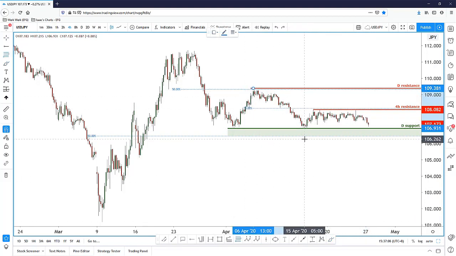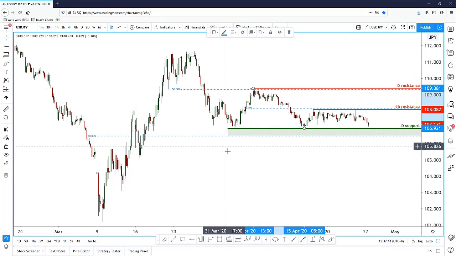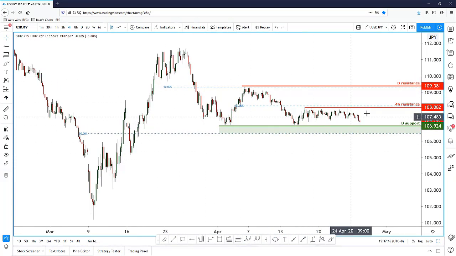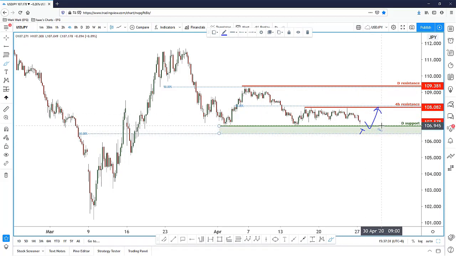So we take from the top to the bottom and we see a 50% retracement level, right? Again, this 50% seems to be very key on the dollar yen. Now, what this then means is that price could easily come down into this zone and then make a push up to the 4-hour resistance. Anywhere in this zone seems to be a support zone.